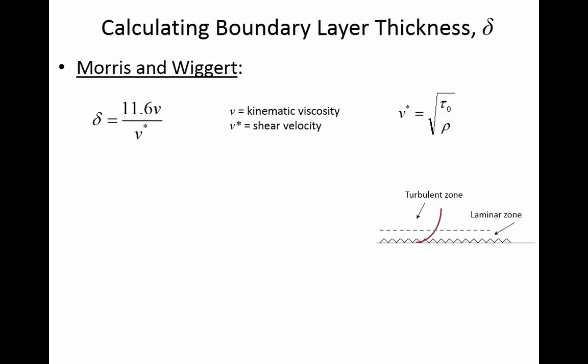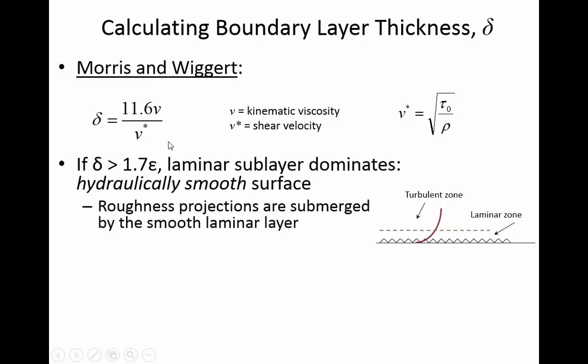It varies based on the fluid and the temperature of the liquid. A typical kinematic viscosity for water is 1 × 10⁻⁶ meters squared per second. If it's not room temperature water, then you just look it up from the table. But the Morrison-Wigert criterion says you can calculate the thickness of the boundary layer according to this formula.